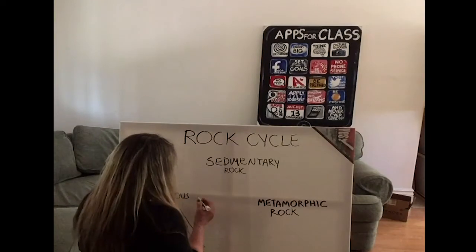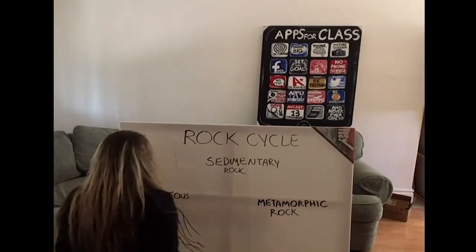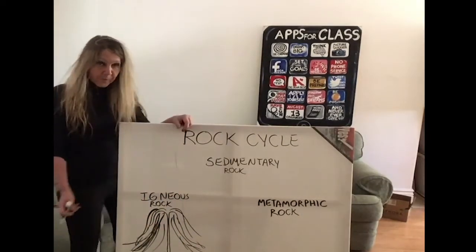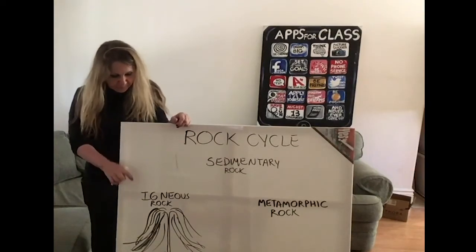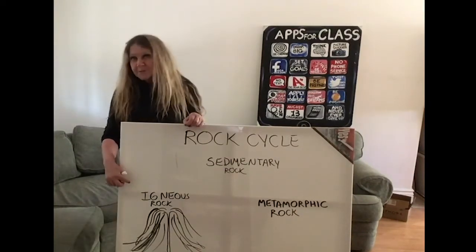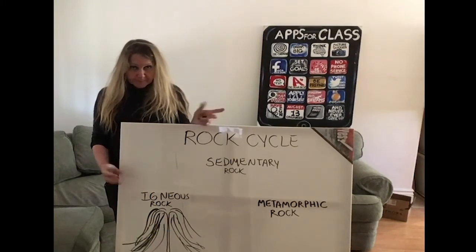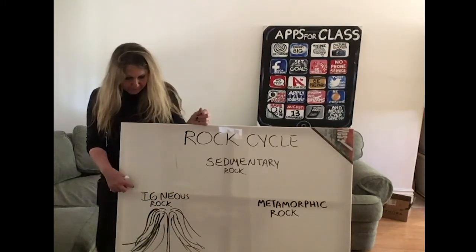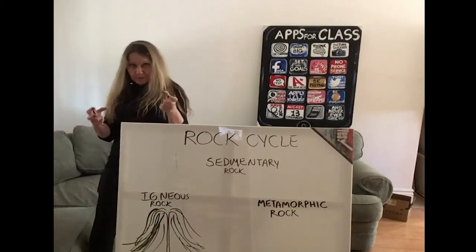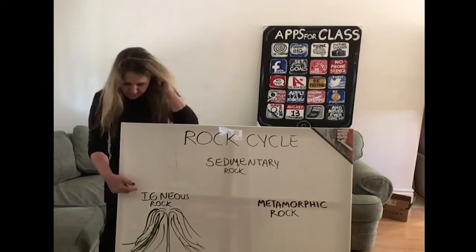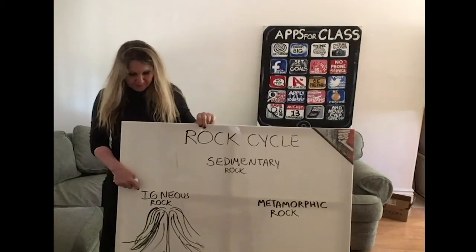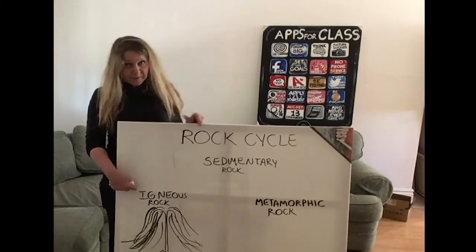So the igneous rock then, when it is formed, so when basalt is formed from cooled off lava, if it is exposed to weathering, physical weathering or chemical weathering, it can break down that rock. So for example, the igneous rock basalt is made from cooled off lava. It's an extrusive igneous rock.